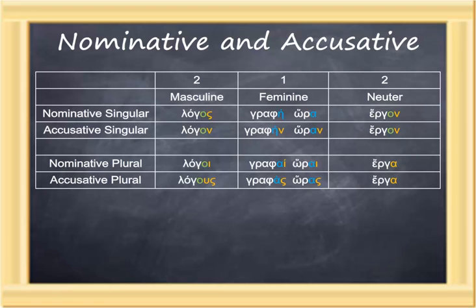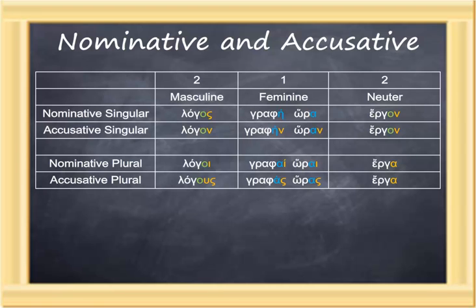Logos, in that particular form, is nominative singular. And so if the word logos occurs in a sentence, in one of your exercises, it's functioning as the subject. The word is beautiful. Logon, however, is accusative singular, direct object. She speaks a word.